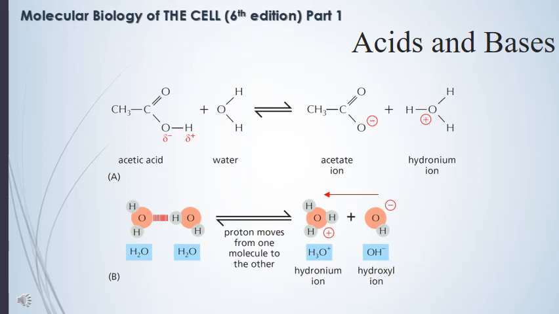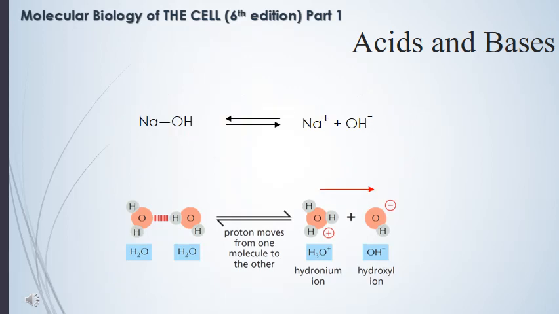Therefore, our pH drops, right? So we have 10 to the minus 6 molar of hydronium ions now. So our pH is 6 now instead of 7, right?